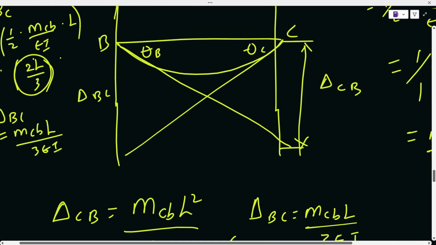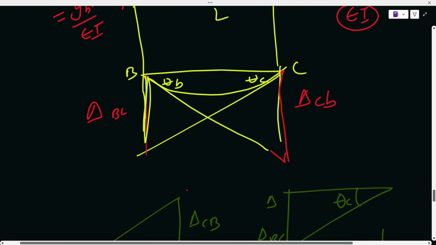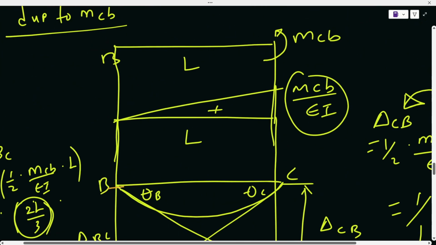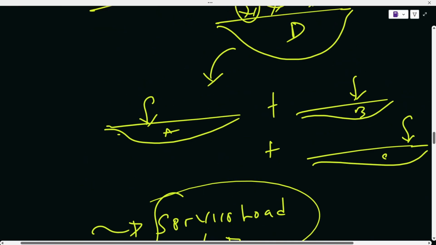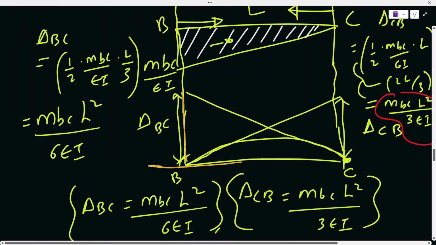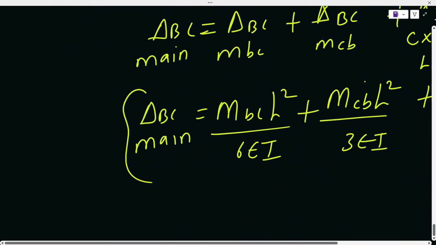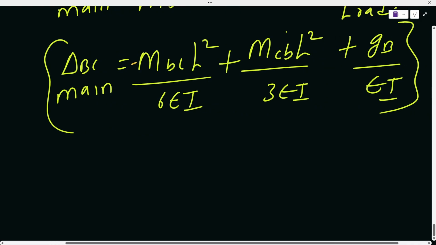But now, delta BC here, okay, it conforms, good. It's also underneath, so positive. Similarly, delta BC is also underneath. So the only thing that we're going to be changing is this negative guy here, putting the negative to MBC L square over 6EI. So putting the negative here, that's the only thing we're going to be adjusting in this equation.